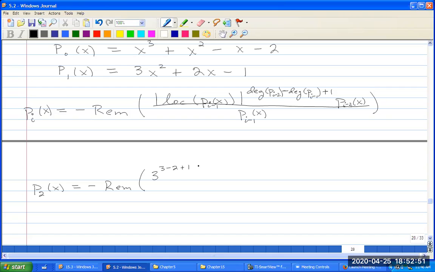And so this is just going to be 3 squared times p sub 0 divided by p sub 1.